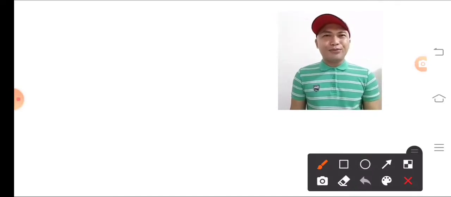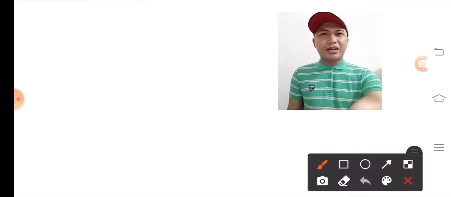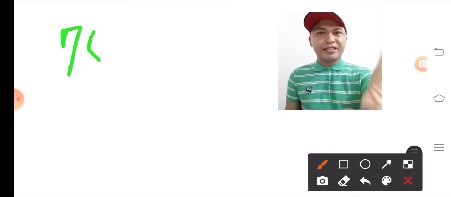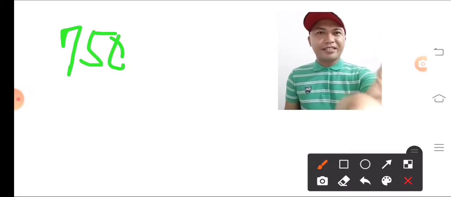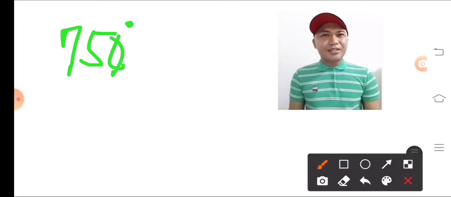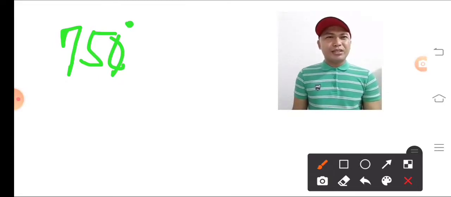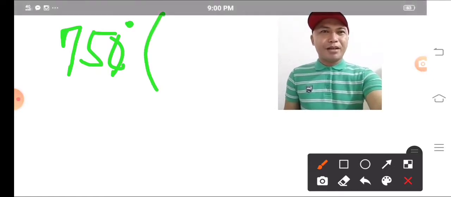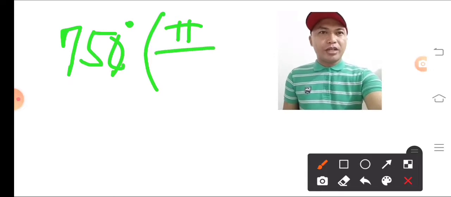Okay, let's take another example. So what if we have 750 degrees? Again, all you have to do is multiply this by pi over 180 degrees.